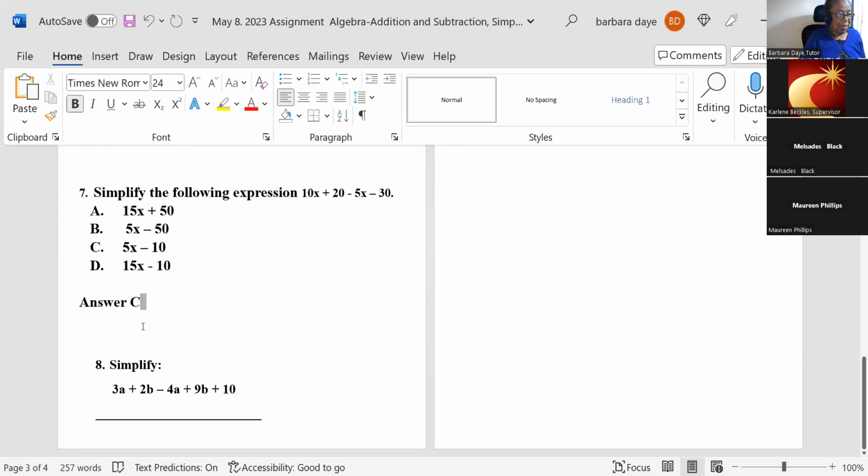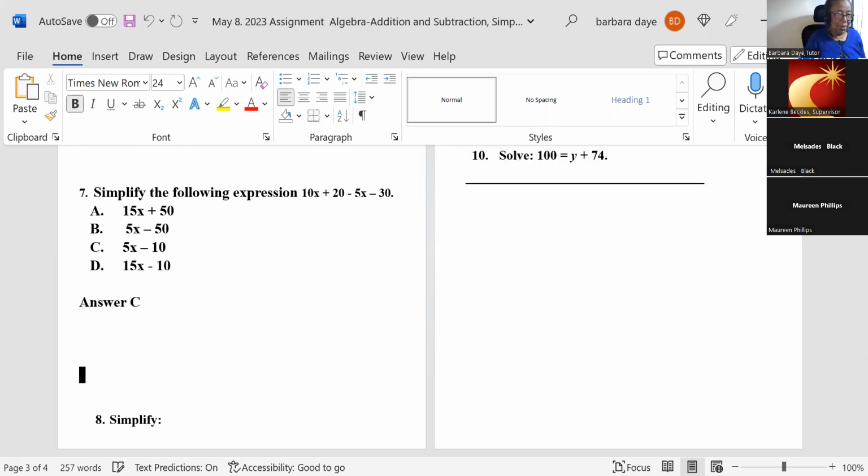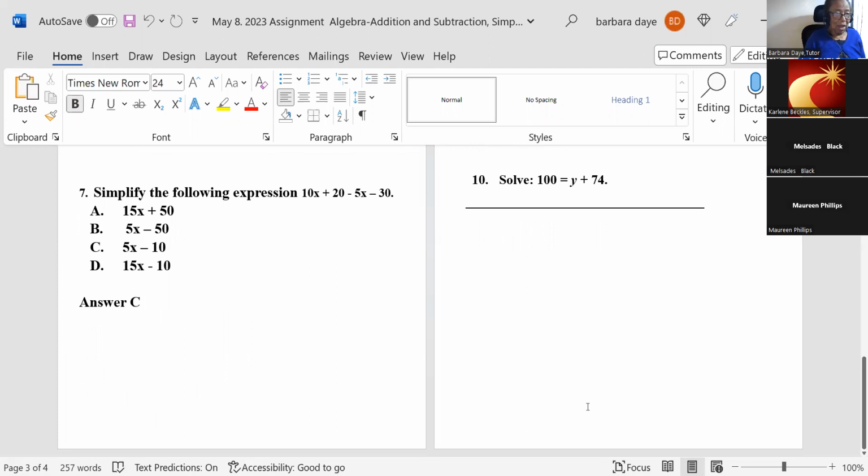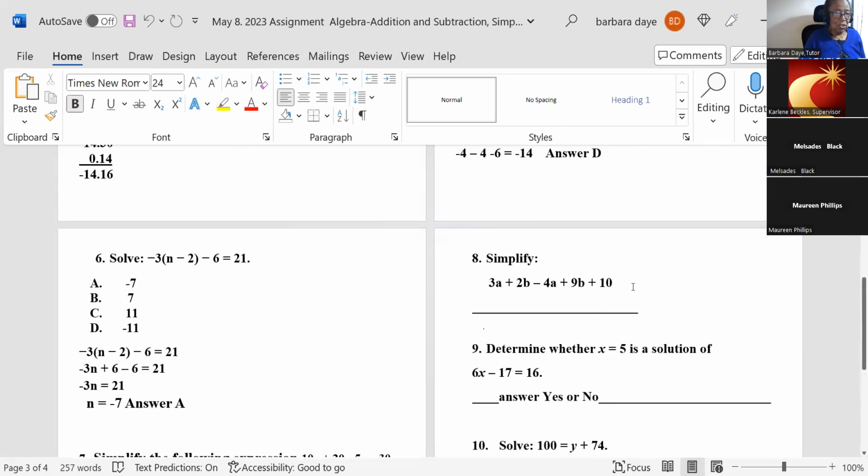Now, 8 is very similar to one we've done already, combining like terms, and we're not doing a substitution here. So, Mercedes, number 8, you gave me a different answer. Let me see if you can solve it now. First you had 3a minus 4a.